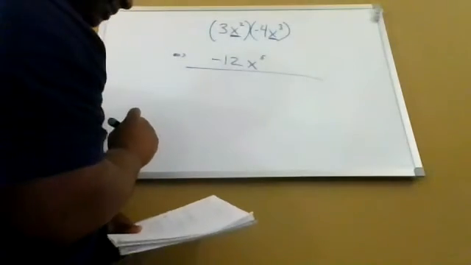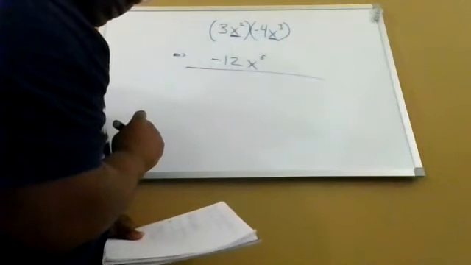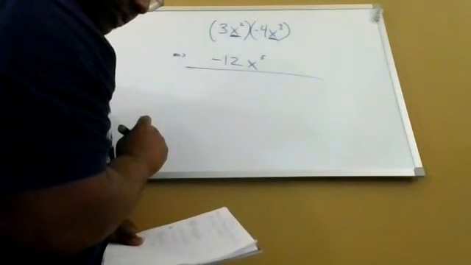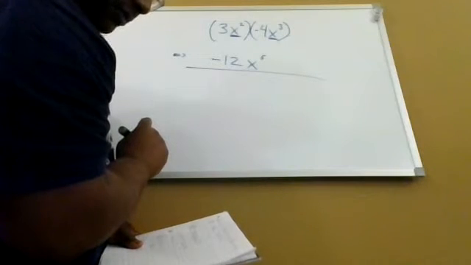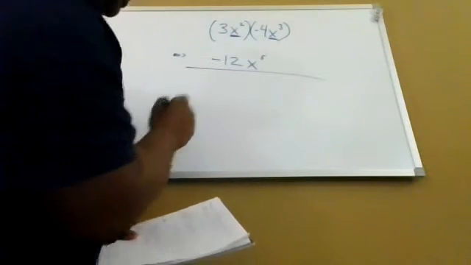My next example is 5/6 x to the third y times 12x y squared.